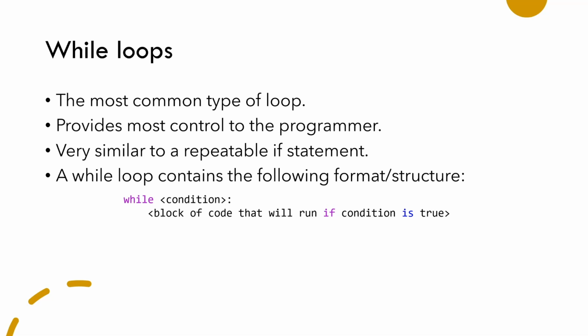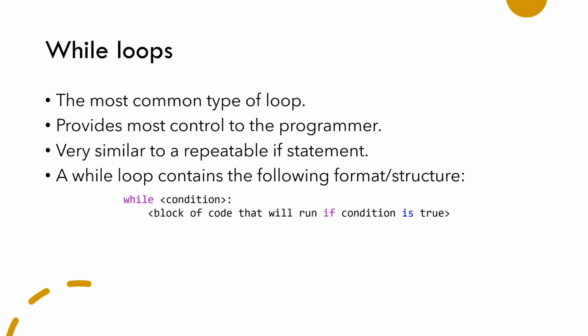You type while, followed by the condition, colon, and then under that, indented one layer in, you have the block of code that's going to run while that condition is true. That block of code will continue running as long as that condition is true. It can run forever if the condition never becomes false, or it can run until that condition becomes false.